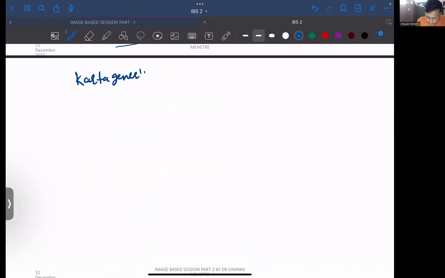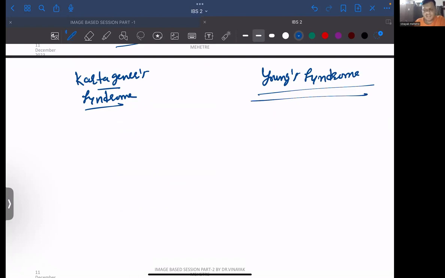Kartagener's syndrome and Young's syndrome. What happens in Kartagener syndrome? What is the classical triad? Yes, immobile cilia, right?